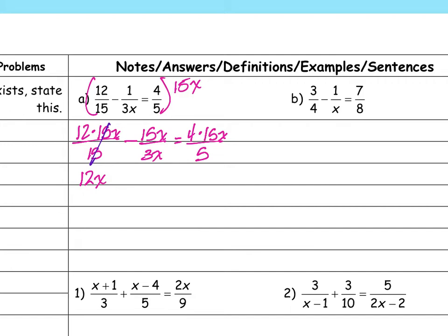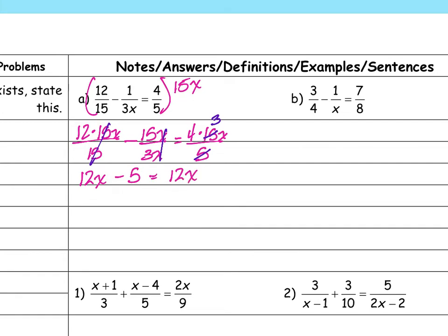Instead of multiplying 12 times 15 and then dividing by 15 again. On this one, the x's go away, and then I believe that's negative 5. And then on this one, 5 goes into 15, 3 times, which is just beautiful, and that equals 12x.